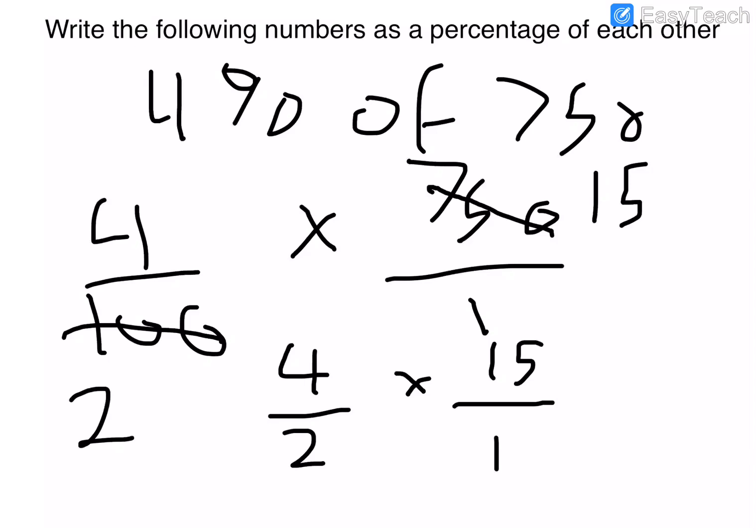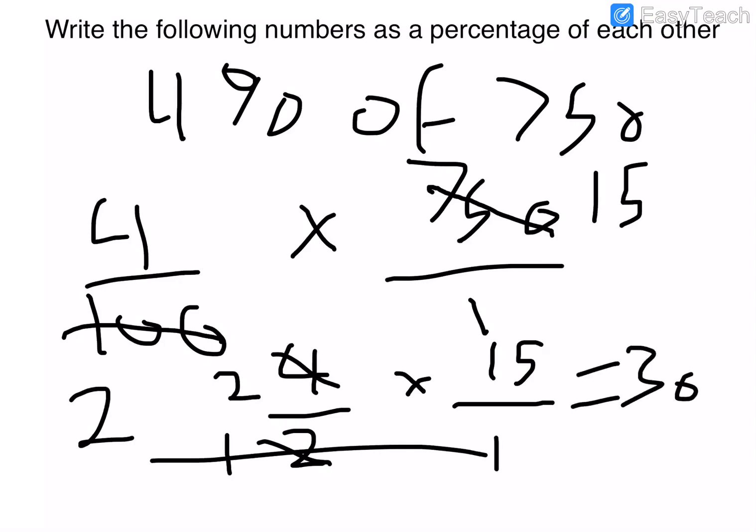You quickly simplify the 4 by 2, which makes 2, and then 2 divided by 2 equals 1. At this point you don't need to worry about the ones. You can just do 2 times 15, which equals 30, and then you write the dollar sign, which equals $30.